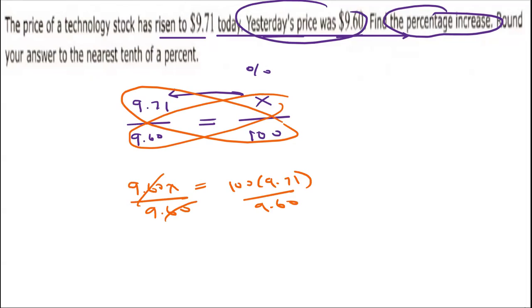And we get x is equal to 101.1%. So this is a two-step. It had risen to this amount, the percentage. So we have to take 101.1 minus 100. So that would be a 1.1% increase.